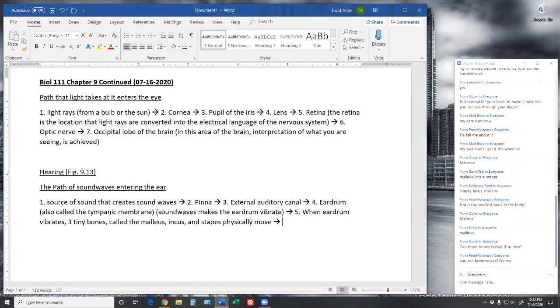Yes, Pete. When those tiny little bones break, it's typically due to an inflammatory process in the inner ear that's creating so much pressure that the bones actually start to break. So can those bones heal? Potentially, but it's also possible that they may never heal.